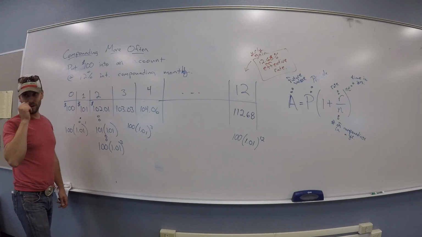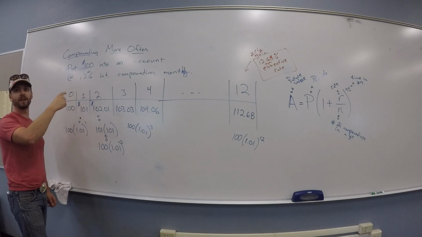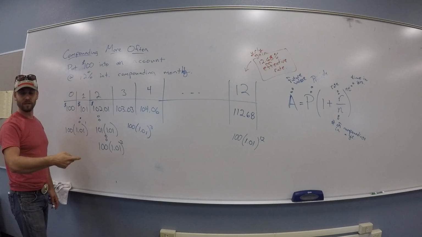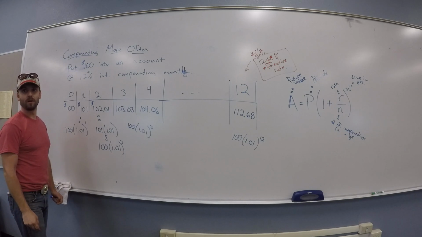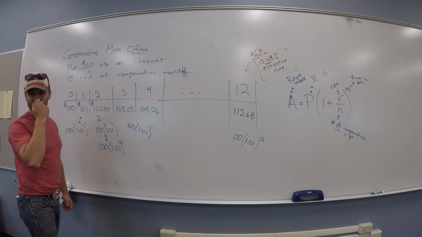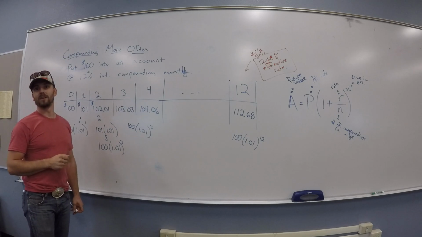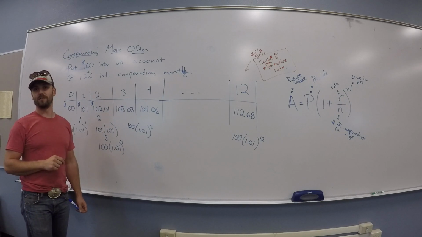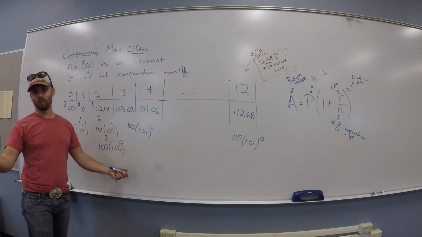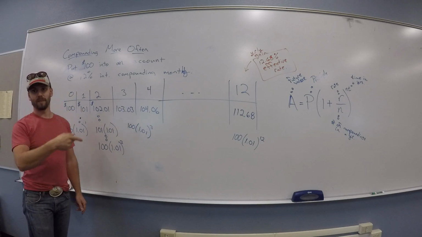So you're compounding by 1% every month. 0.12 over 12 is equal to 0.01, hence the 1%. So then you change that number.